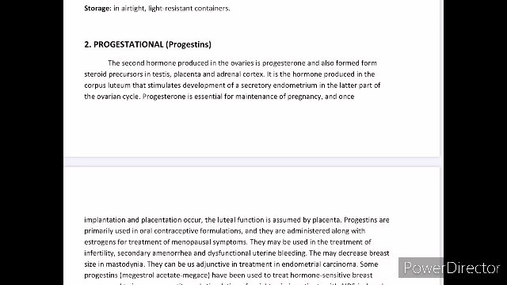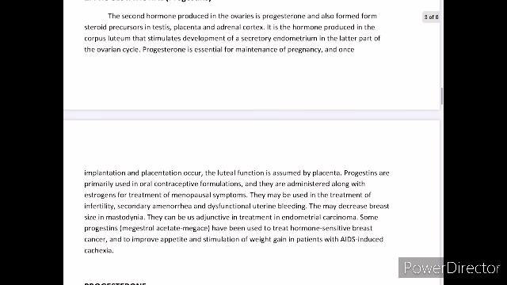Also they are used for the treatment of infertility, secondary amenorrhea and dysfunctional uterine bleeding. They can be used as an adjunct in the treatment of endometrial carcinoma. Some progestins have been used to treat hormone sensitive breast cancer and to improve appetite and stimulate weight gain in patients with AIDS-induced cachexia.